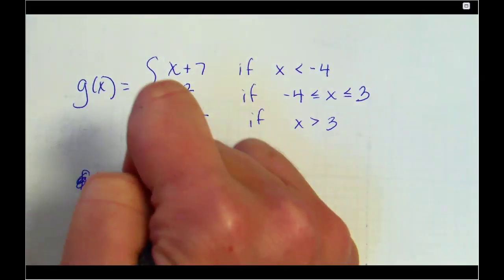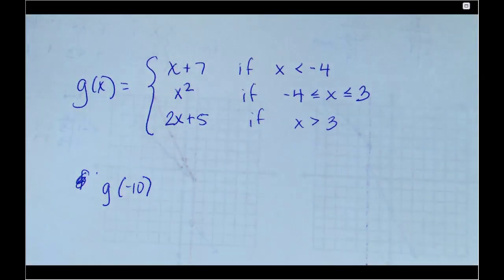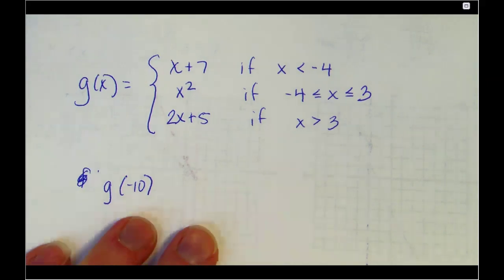I want you to find G of negative 10 for me, please. G of negative 10. Okay, now, are you using top, middle, or bottom for this guy?